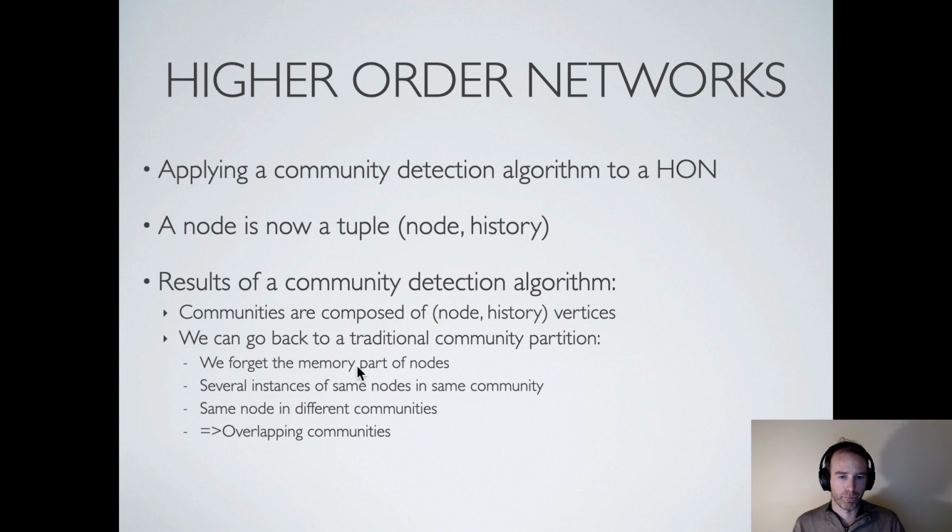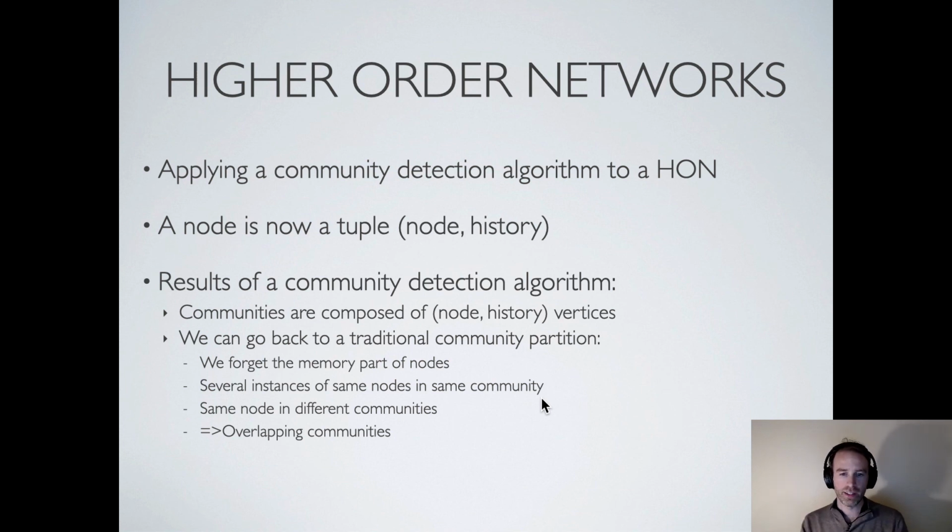So this means that naturally now, an original node, for instance, a city, can belong to several communities. So naturally, for instance, take a node representing, I don't know, Atlanta. If it's Atlanta coming from New York, it can be in one community.